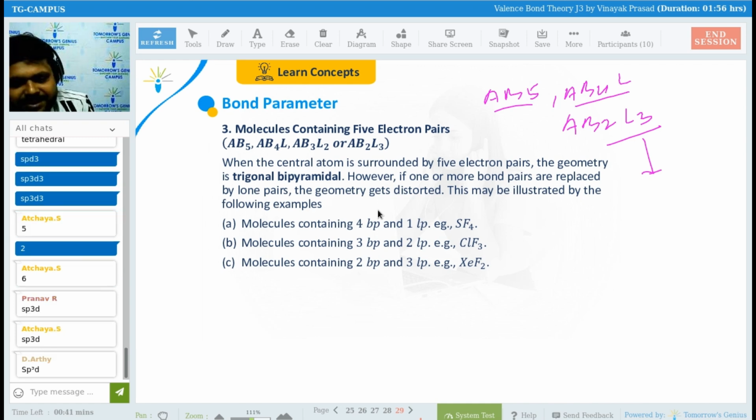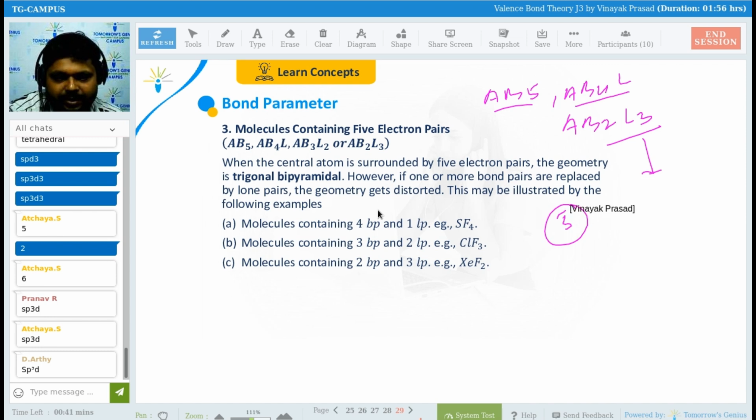Their shape can be different, guys. Why can the shape be different? The geometry will also be the same, but the shape can be different. Why? The arrangement of lone pairs can be different and the number of bonded atoms can be different. Let's suppose, just as maths, I am having 5 bonds. If I am having 2 lone pairs, they can be either upward or downward, and the bonds can be arranged like this.